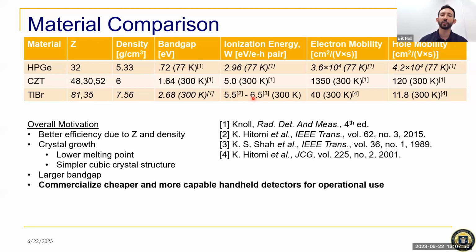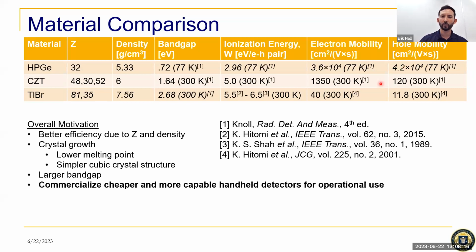And then some other factors here are the mobility of the electrons and the holes in the material. With germanium, the mobility is relatively quick, which helps if you're dealing with a higher flux source. But these mobilities are fairly similar to each other, which means you're recording the signal of the movement of both the holes and the electrons.